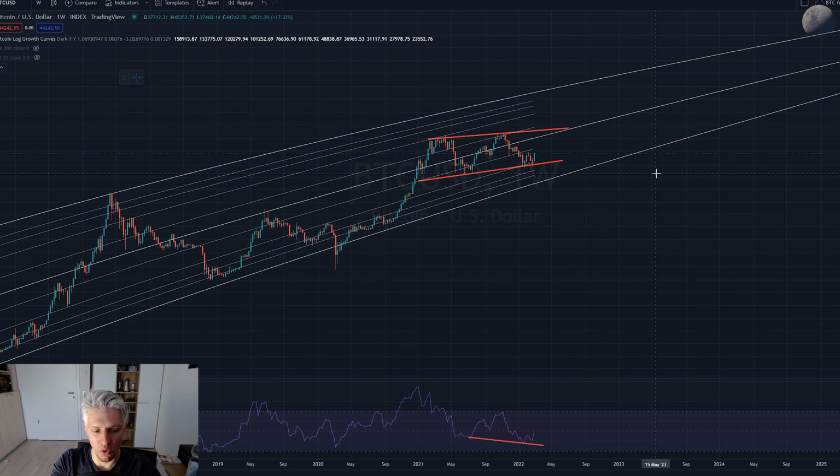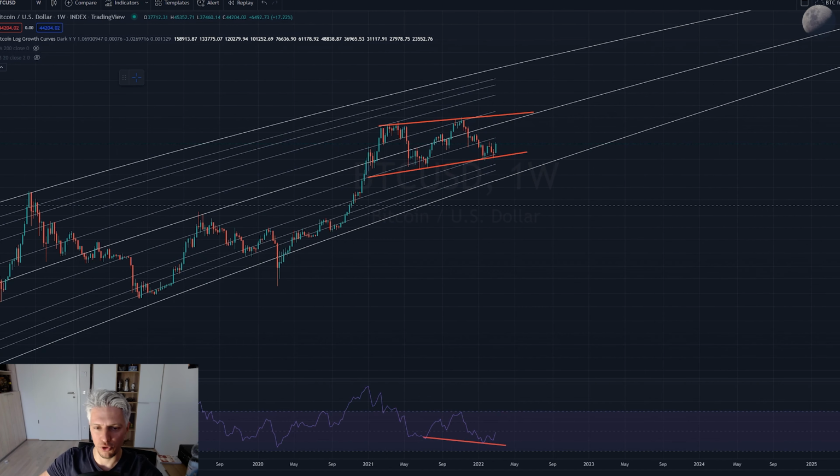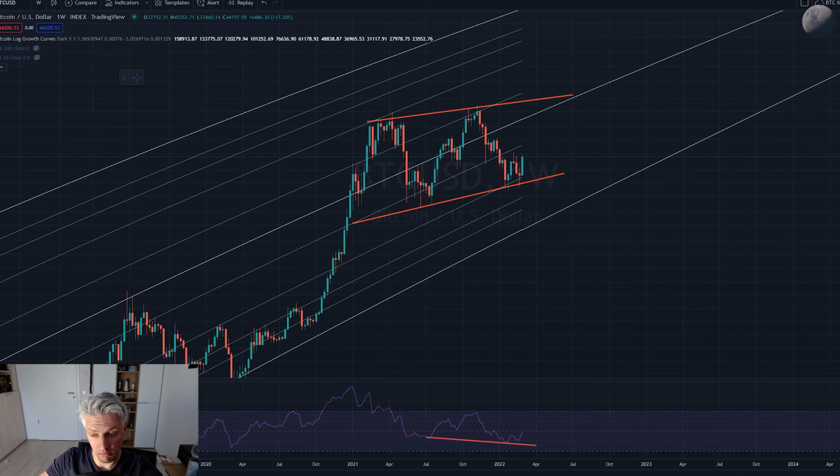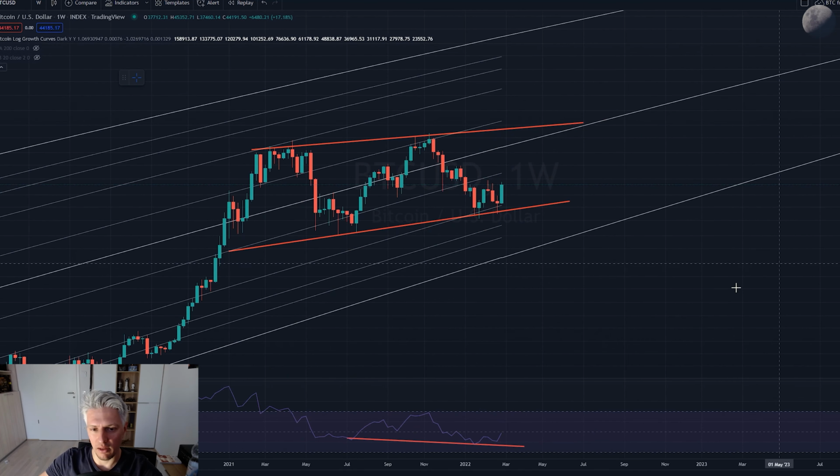However, as you saw, there are a few things speaking for the scenario that we are resuming the uptrend, and it has started pumping now, and let's keep an eye on this. And next time we will go again into altcoins, because of course we always have to look at Bitcoin. Why do I talk so much about Bitcoin? Because Bitcoin is the leader of this market.